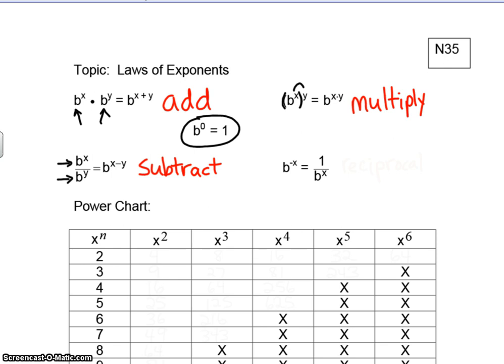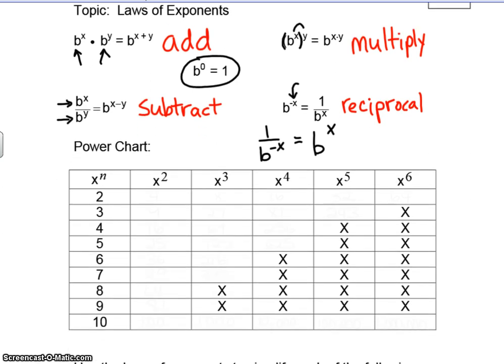On the last example here, if I have a negative exponent, then to make your exponent positive, you're going to take the reciprocal. Also note that if I started off like this, then that's going to be equal to b to the x. So you just take the reciprocal to make your exponents positive.